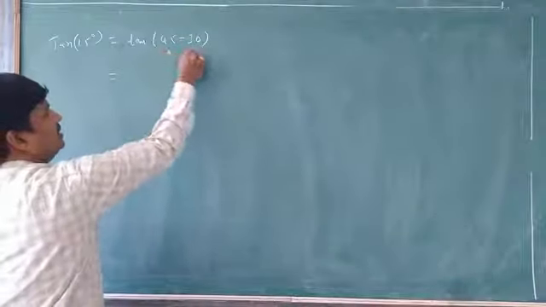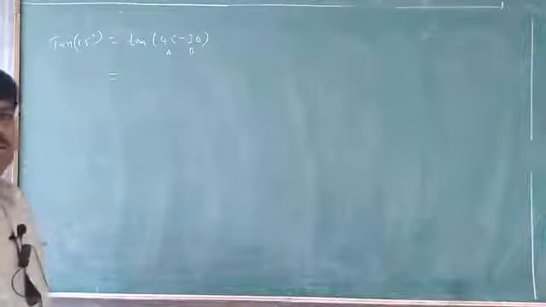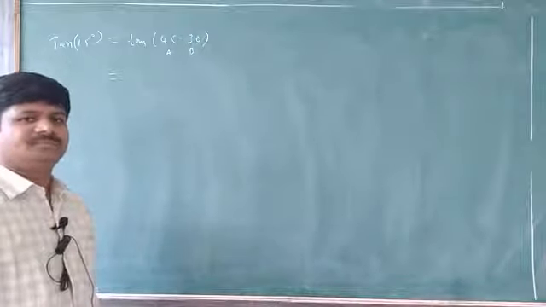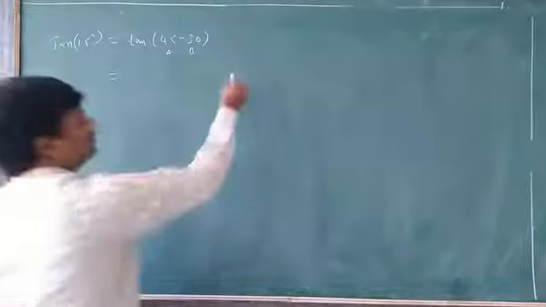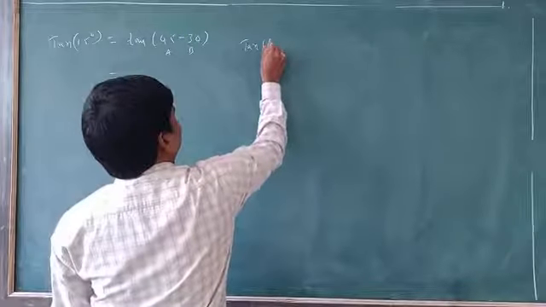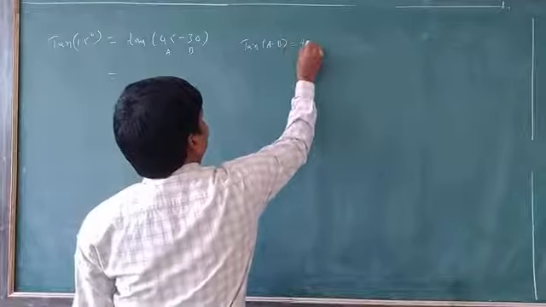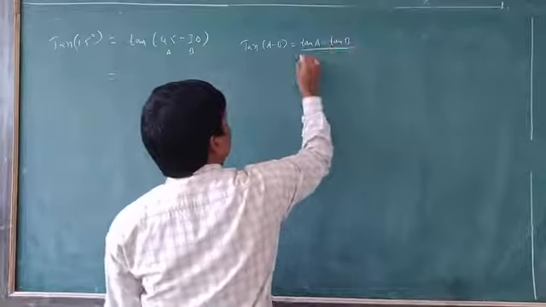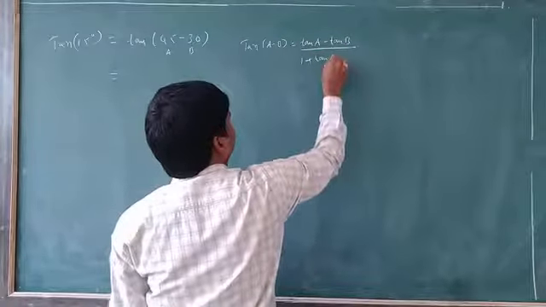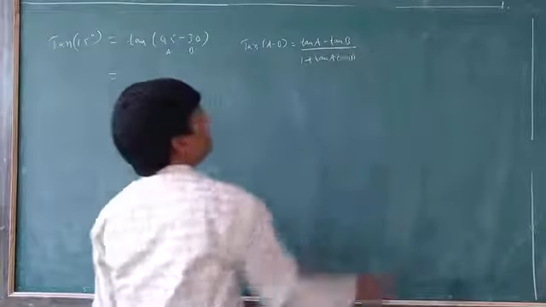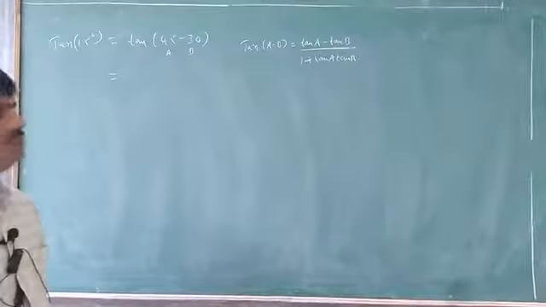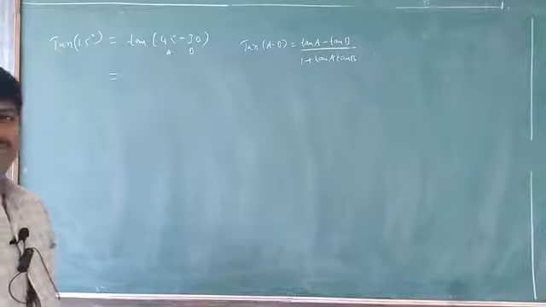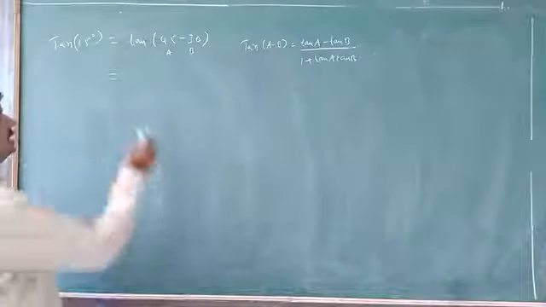Tan A minus B form. It is A, it is B. What is the formula of tan of A minus B? Tan A minus tan B by 1 plus tan A tan B. Okay, yes. Then apply here.